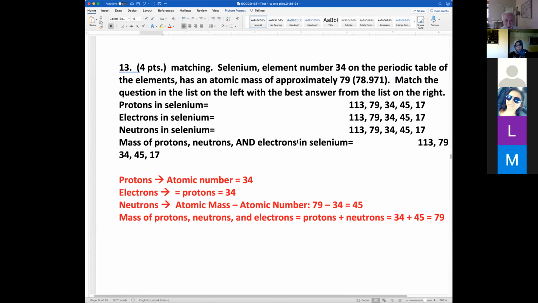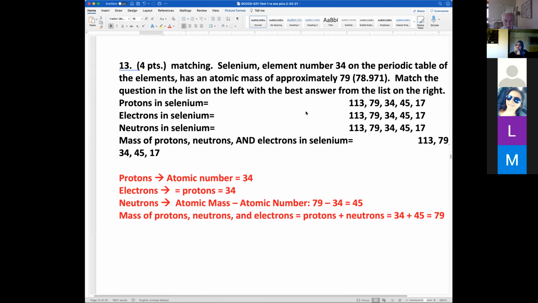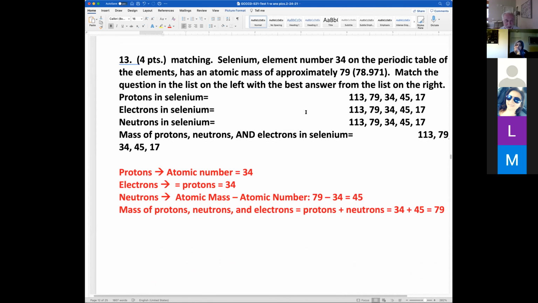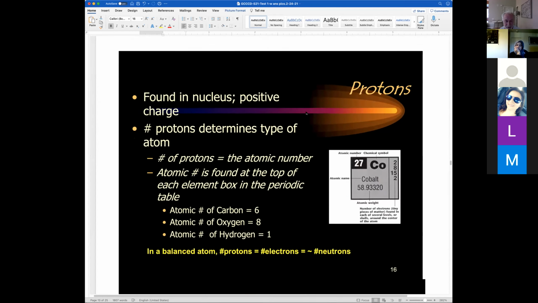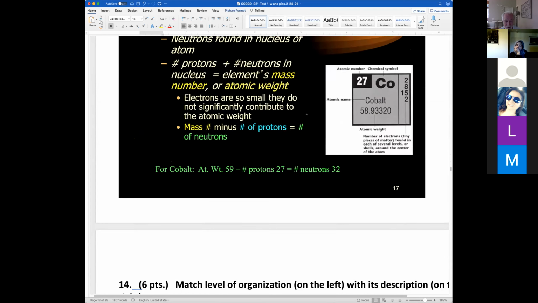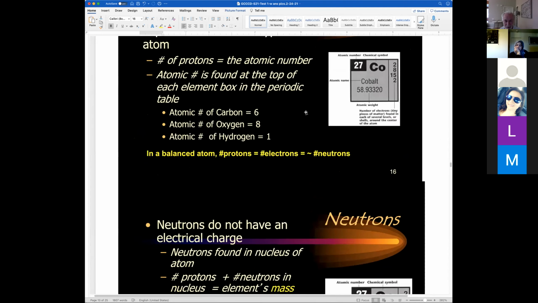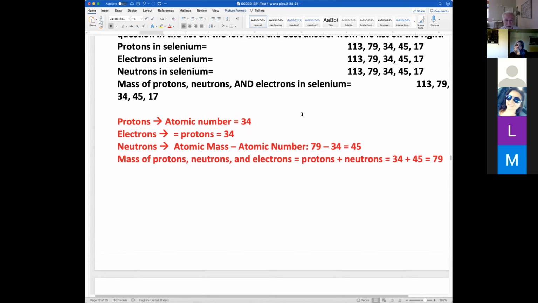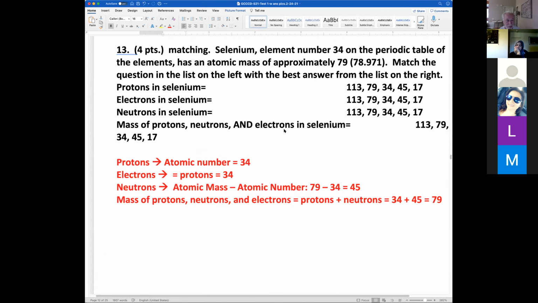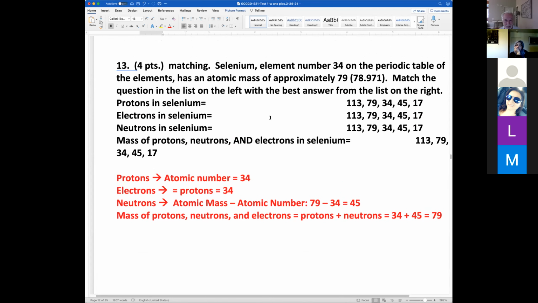Selenium is element number 34. The answer to this came from several slides in the chemistry for biology section. What's asked is, what is the number of protons? The number of protons is equal to the atomic number, the element number, so that's 34.